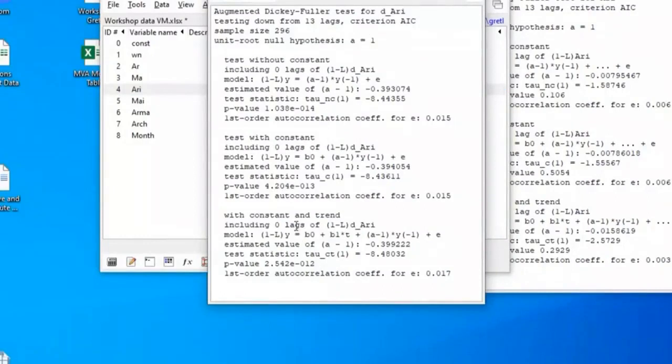Here we can stop. Where we reject the null hypothesis of unit root, there we stop. That is why in the earlier white noise case, we were rejecting the null hypothesis, so we stopped there. When we do the unit root test, we have to continue testing, and we stop where we reject the null hypothesis.